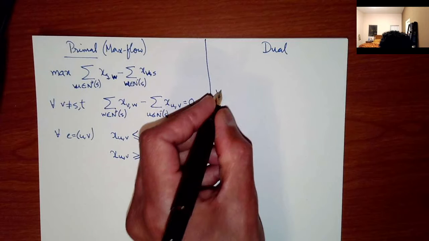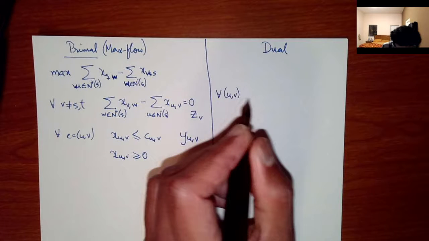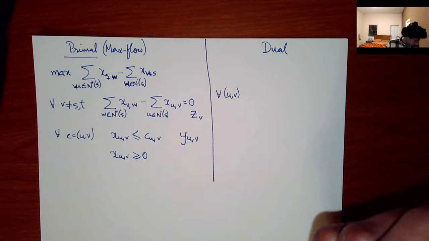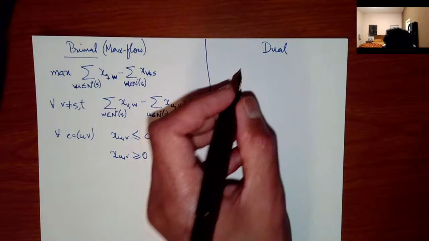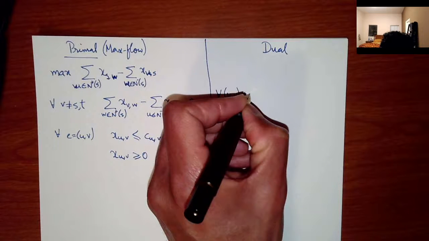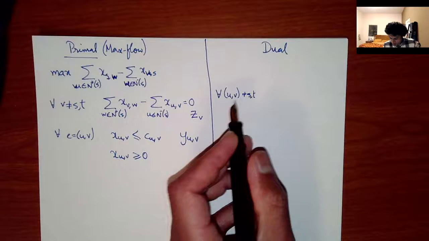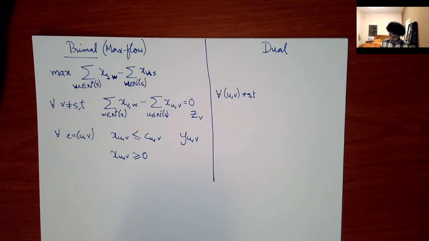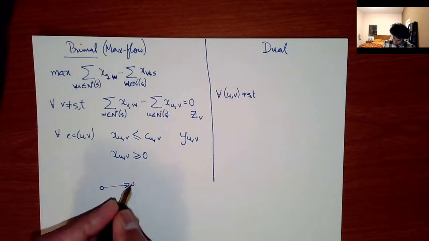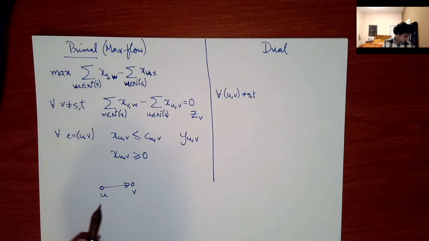So for all edges UV not equal to S comma T. What I mean is that neither U nor V is part of S comma T. So you're looking at some edge and looking at it as UV. So where does the variable xuv appear?